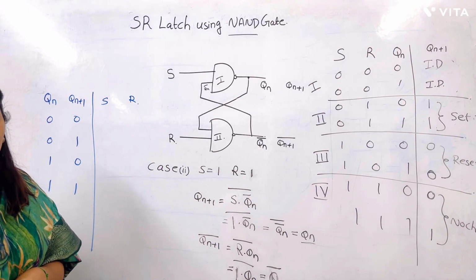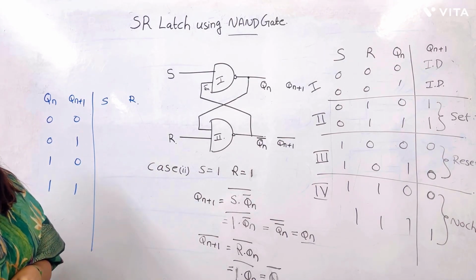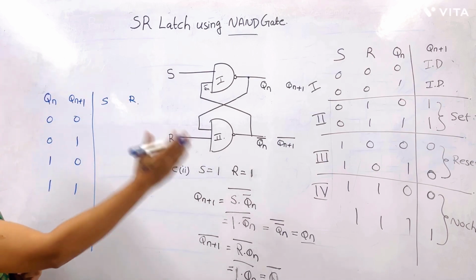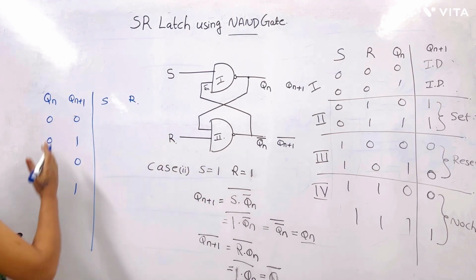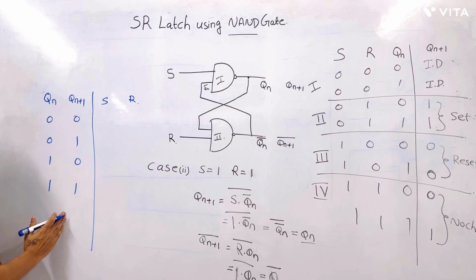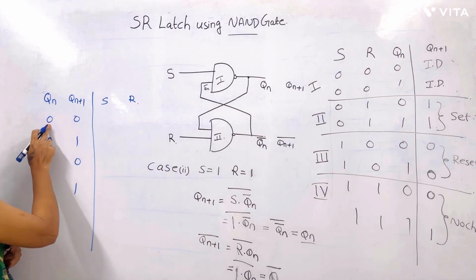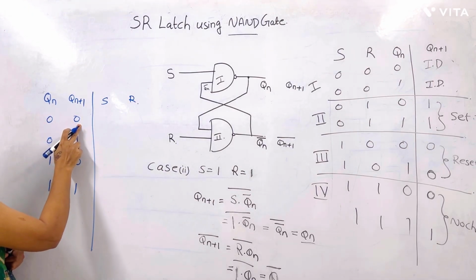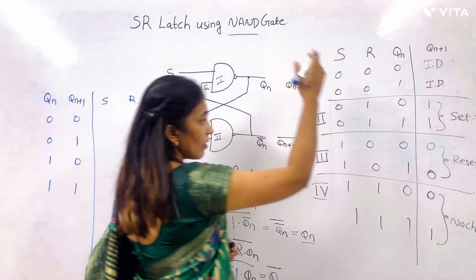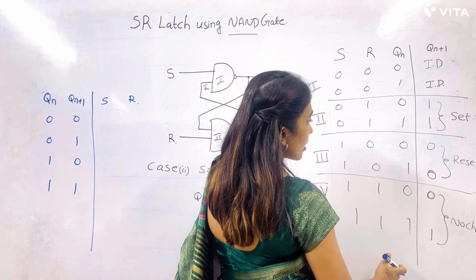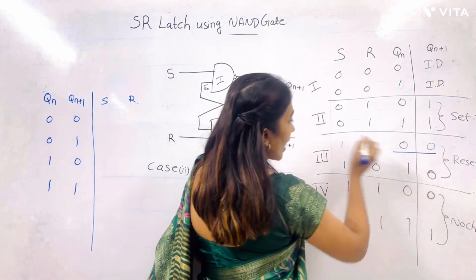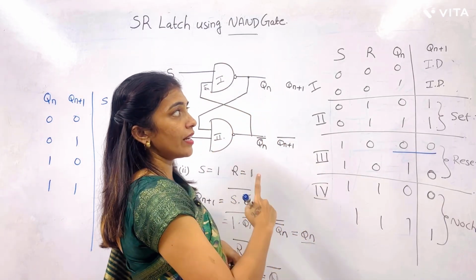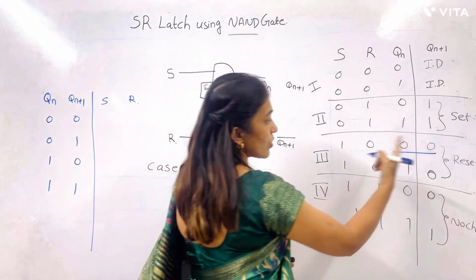The excitation table is from our truth table only. So simply you have to check the truth table and write the values of the excitation table, right? So Qn value 0, Qn plus 1 value 0. Simply observe where we have 0 0.